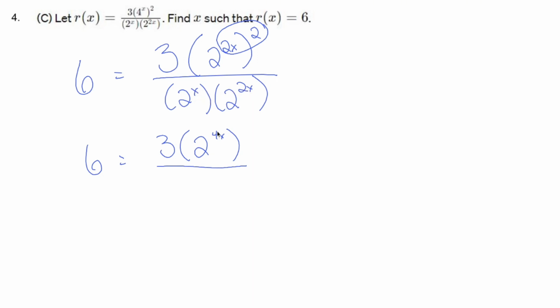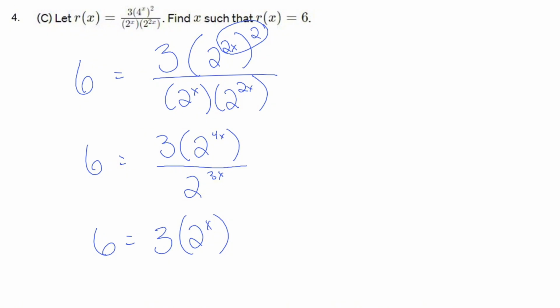So 1x plus 2x's is 3x's. Ooh, I have 2 to the 4x over 2 to the 3x. When you have terms of the same base and you're dividing one from the other, you subtract exponents. So 3 has not been bothered with yet. And 4x's minus 3x's is just going to be 2 to the x.